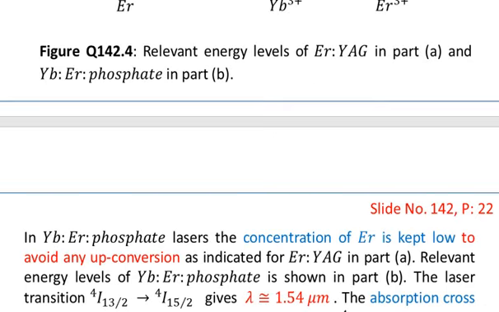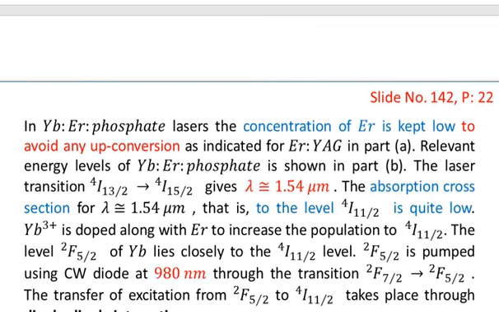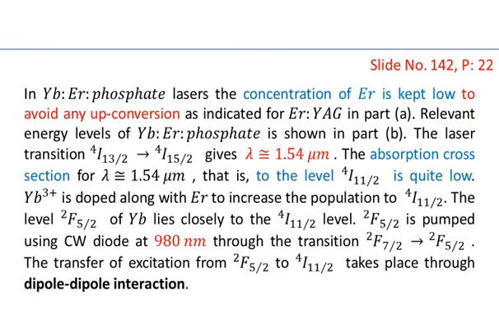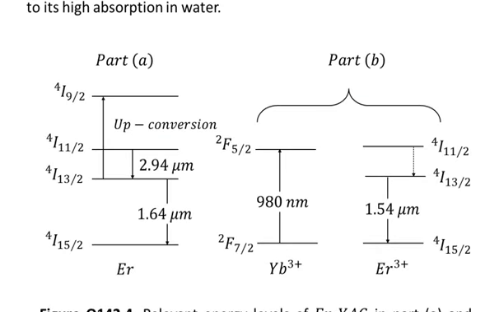Next, we are going to discuss the erbium phosphate lasers. In erbium phosphate lasers, the concentration of erbium is kept low to avoid any up conversion, as indicated for the erbium YAG laser in part A. You can see that this is up conversion, and this is due to the increased mixing of erbium ion.